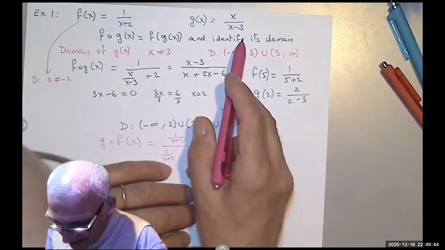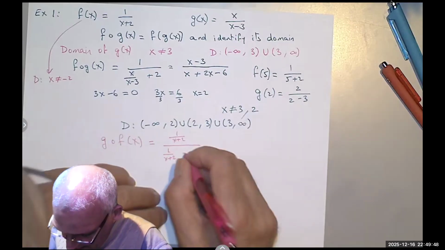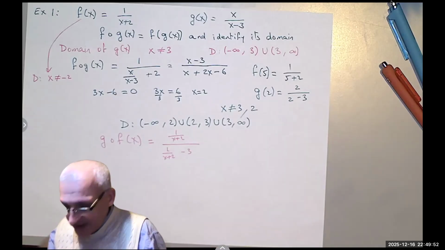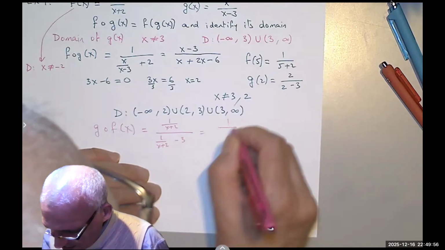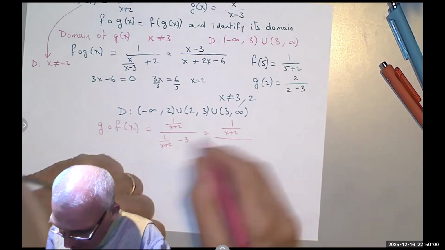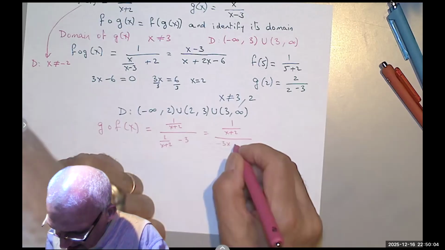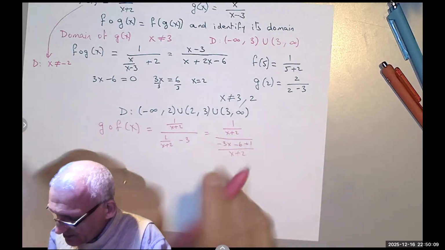And minus 3. Like we did last time, I can take a common denominator for the denominator. So the numerator is 1 over x plus 2. The denominator would be negative 3x minus 6 plus 1 over x plus 2.